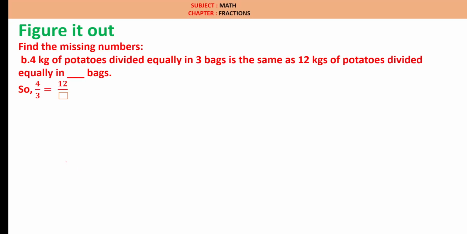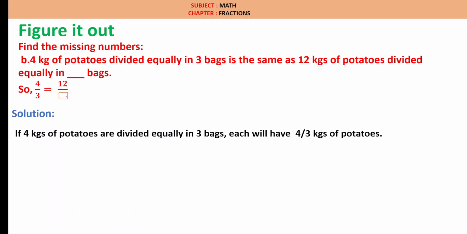Question number B. Find the missing numbers. 4 kgs of potatoes divided equally in 3 bags is the same as 12 kgs of potatoes equally divided in dash bags. So we need to fill in this dash, the number of bags required. If 4 kgs of potatoes are equally divided among 3 bags, each bag will have 4/3 kgs of potatoes.